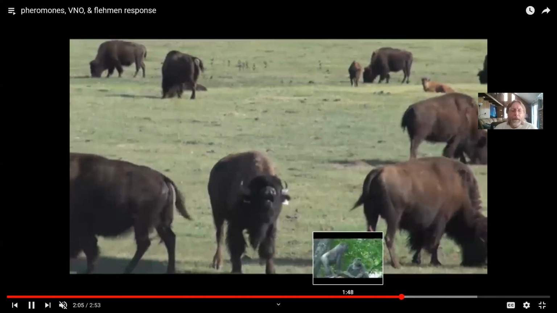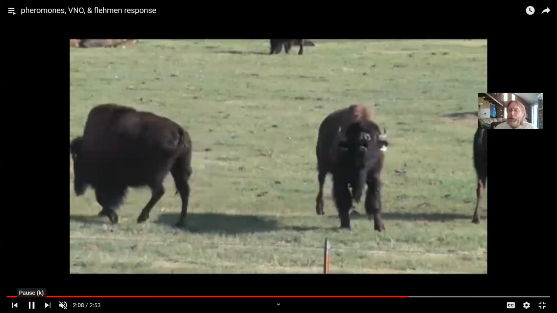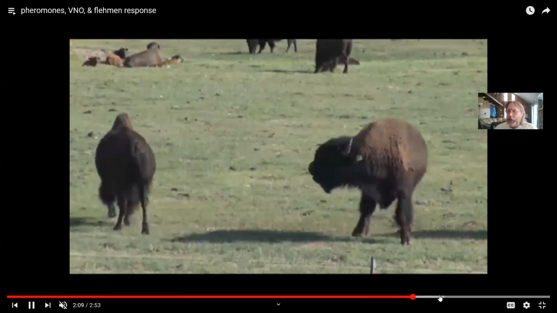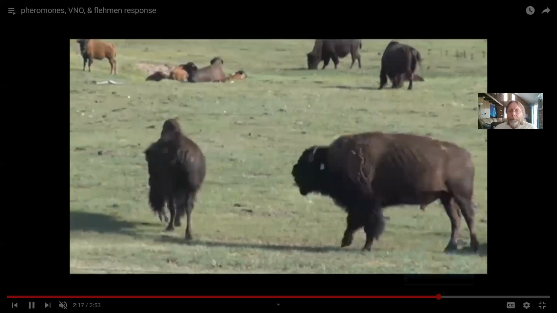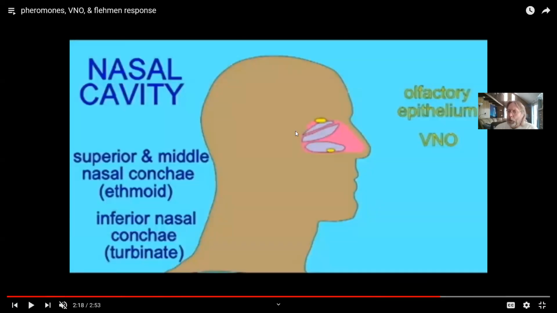Now, this is a bit foreign to us because, as I can cover in another chapter, there are two olfactory systems in humans. Here's the main olfactory system that we're using to smell most things. And here then is the vomeronasal organ, whose primary goal is to smell pheromones.